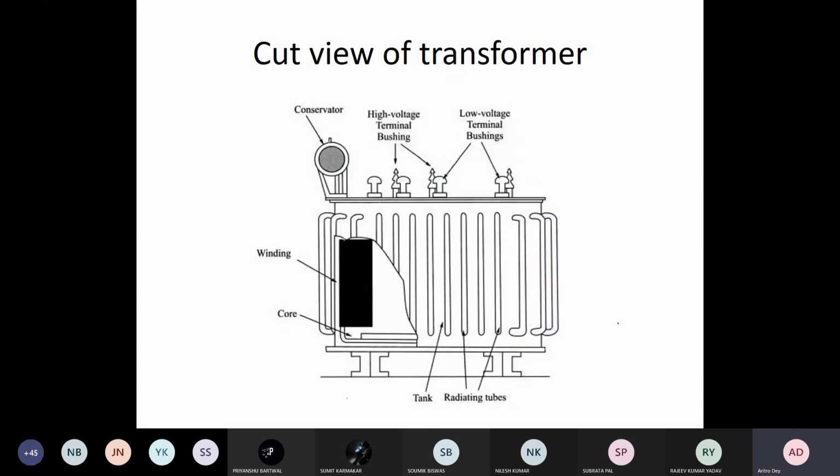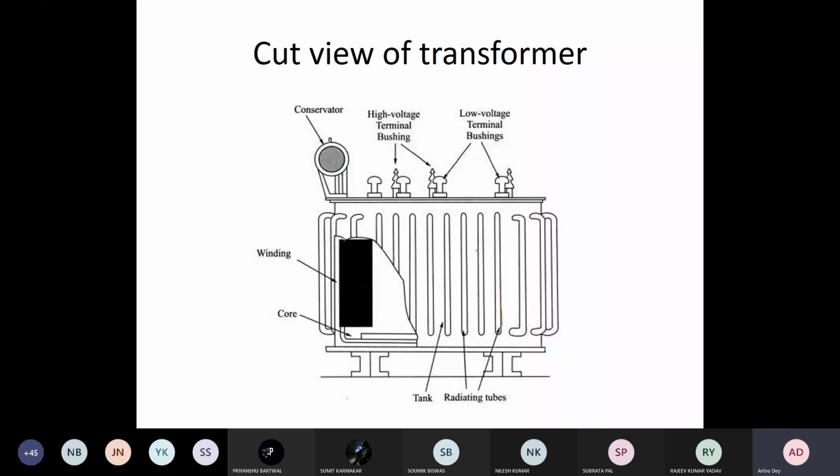This is the view of the transformer where you have the cooling tube. When it is filled with oil, when the transformer is in active mode, there will be a heating effect, and the oil will go up, it will expand in volume because of the heating effect, and it will come back again through these pipes, and then it will be cooled in air and again settle below.